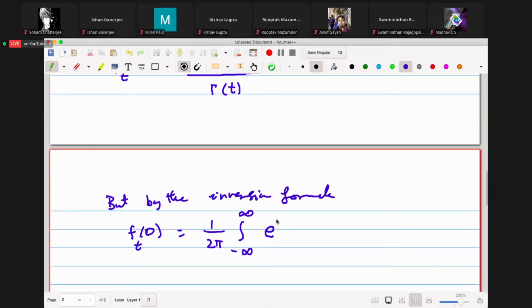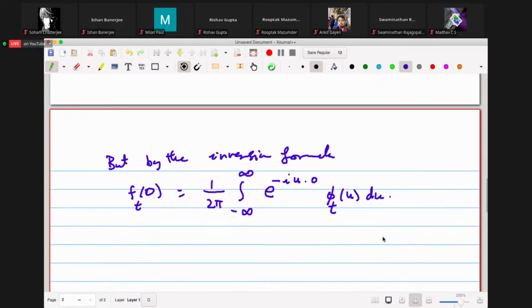So e power minus i. So we are going to write, because there's already a t, usually we write something phi t dt, but we will use a variable u. So phi u at 0. This is just 2. And then phi t of u du.